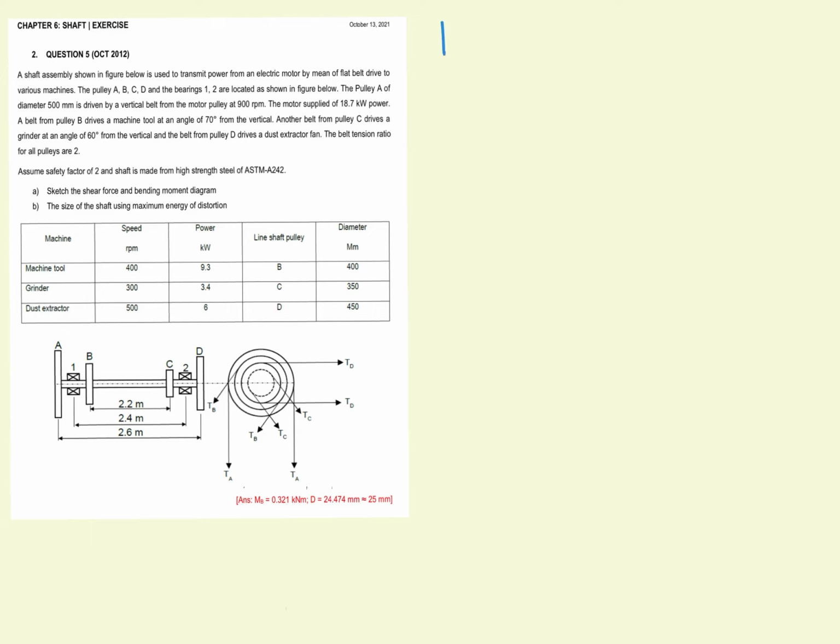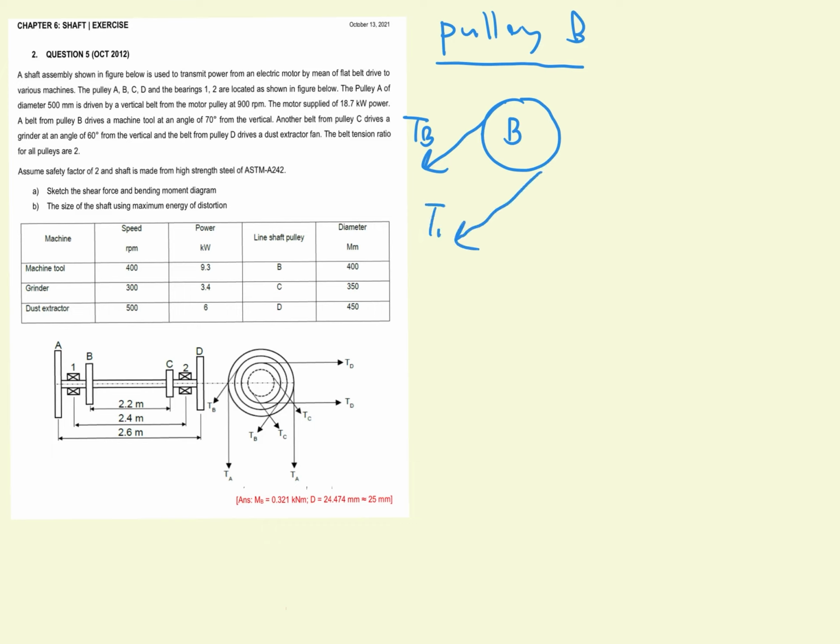So now for pulley B, if we see the direction of the belt for pulley B, it is on the downside, on the left side. So we draw the pulley B just for us to know the direction. This is the tension of pulley B, and it says that the angle is 70 degree from the vertical.